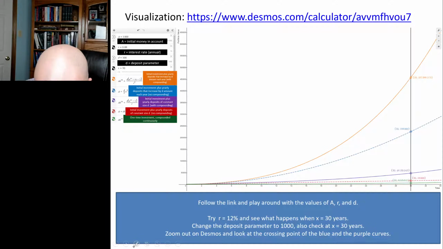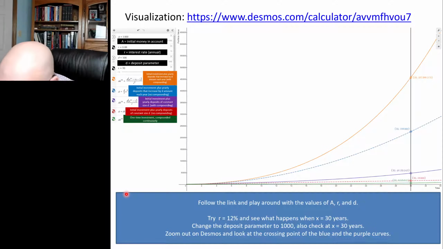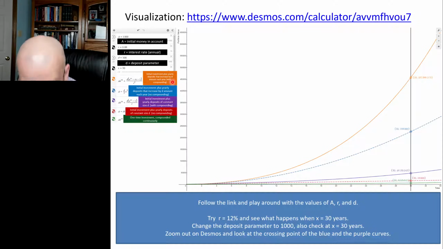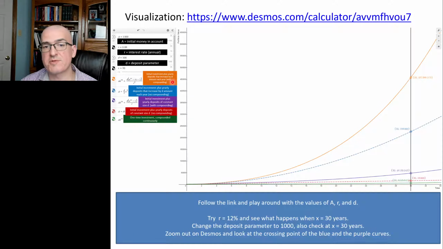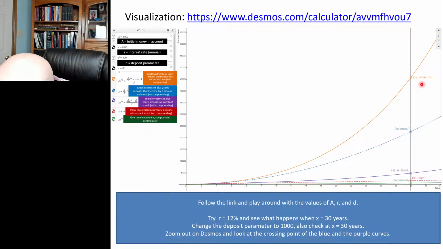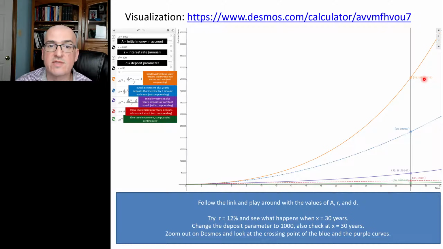So I'll just highlight something here: this initial investment plus yearly deposits that increase every year. So you have a 6% interest rate, you're throwing money in every year, and the amount that you throw in every year is growing with time. That's this top curve. And after 30 years, there's $457,000 in the account.